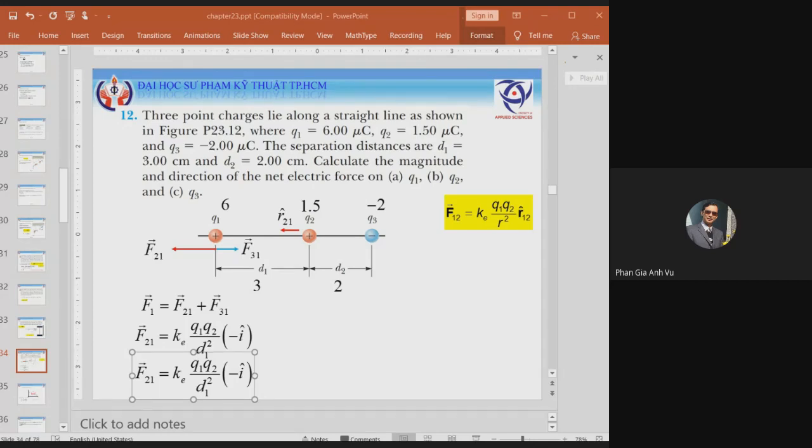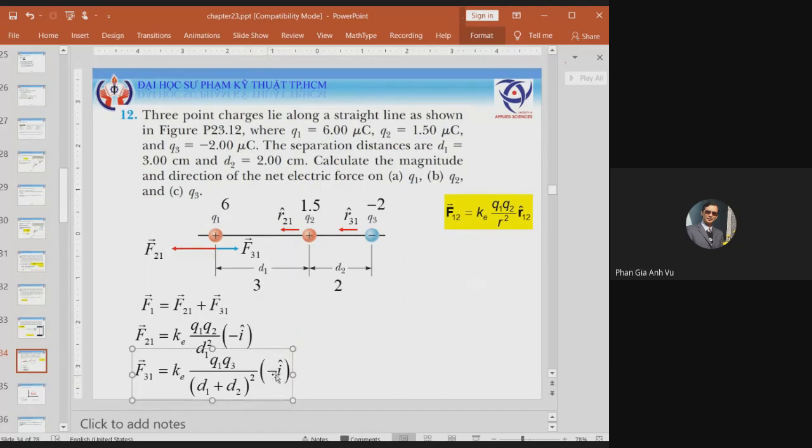So I take both of them in the square. And the direction is, again, this is the R31, right? R31. So I have to draw it like this. So again, here I have the minus I.